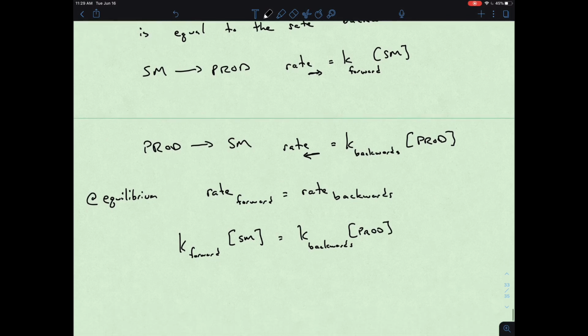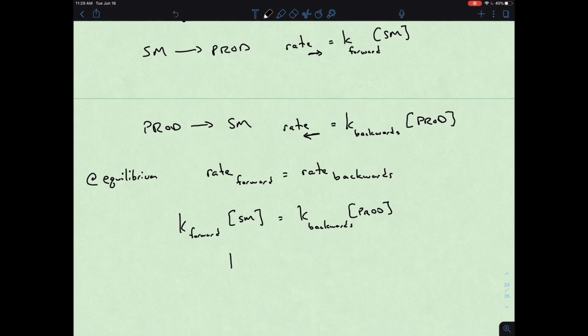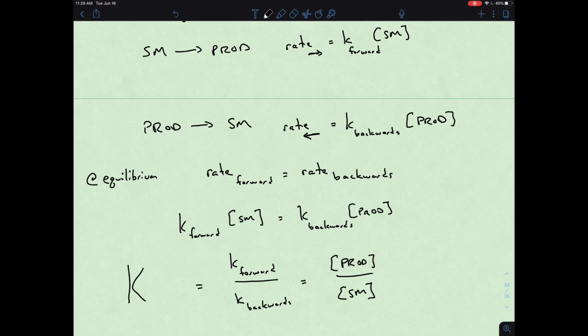If I collect the k's on one side, I get k forward over k backwards is equal to product over starting material. And that is our equilibrium constant.